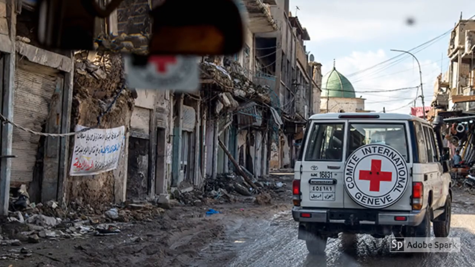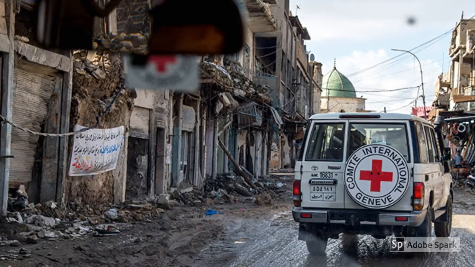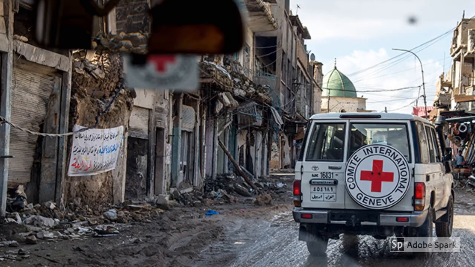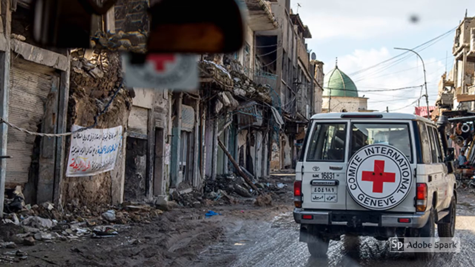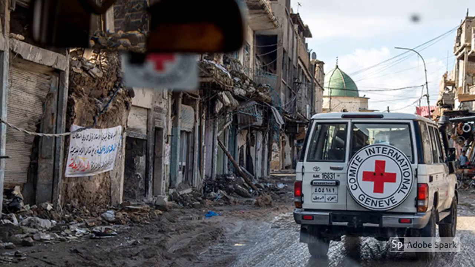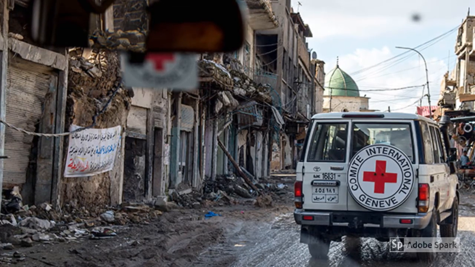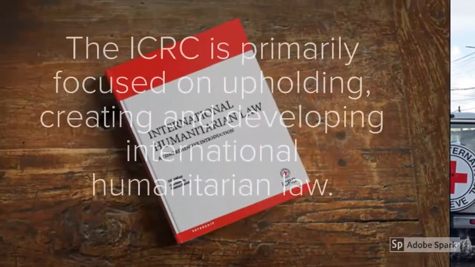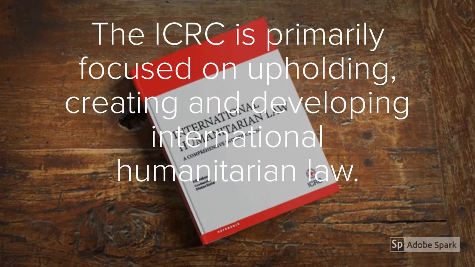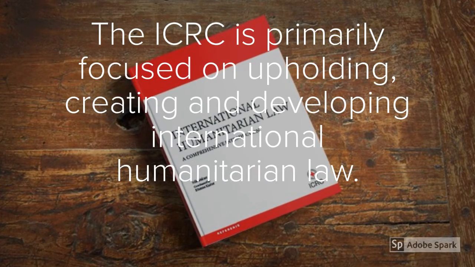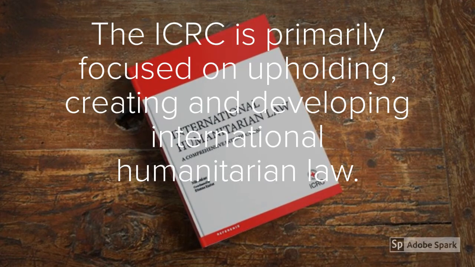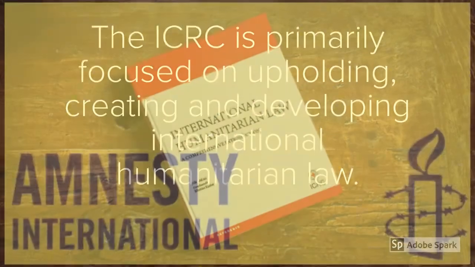The early work of this organization led to the development of the subsequent Geneva Conventions. The movement itself grew and is now the International Committee of the Red Cross that has UN sanction to provide medical aid and supplies to war-torn areas. The ICRC is independent of government and is primarily focused on upholding, creating, and developing international humanitarian law.